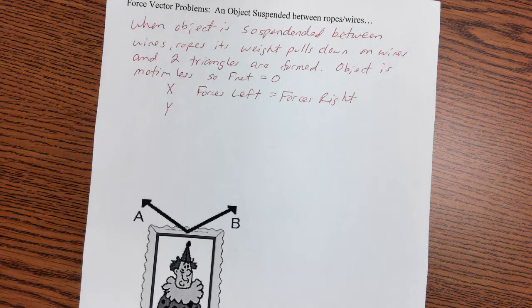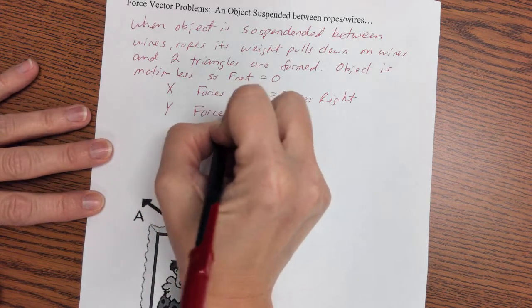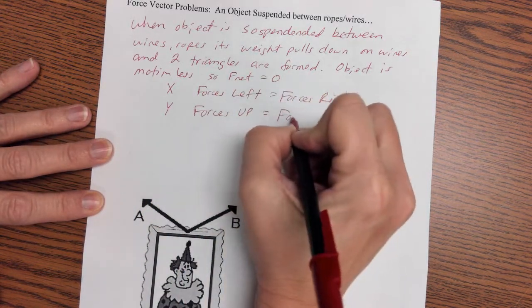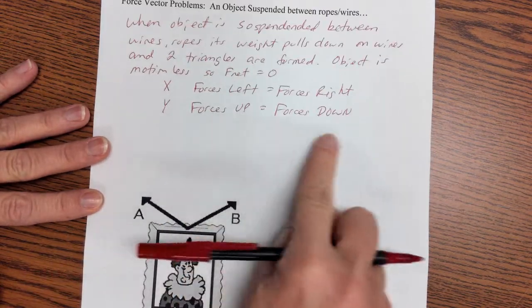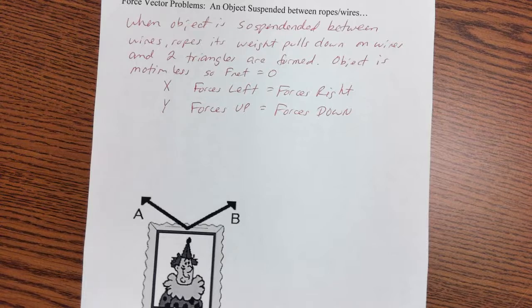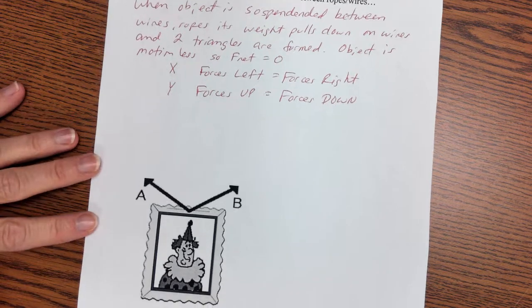And forces pulling down must be balanced by forces pushing back up. So forces up equal forces down. And we will be working this mostly from the forces up equal forces down standpoint. These get very complex. I'll keep them doable. All right? Okay.